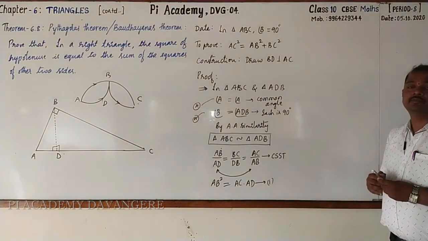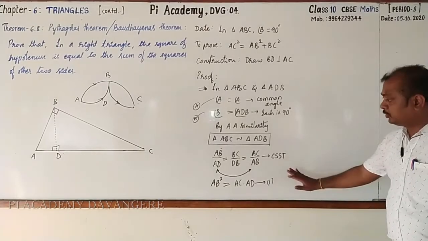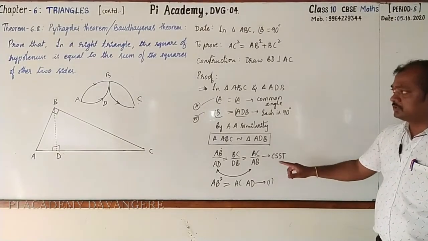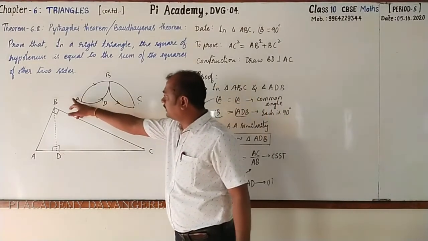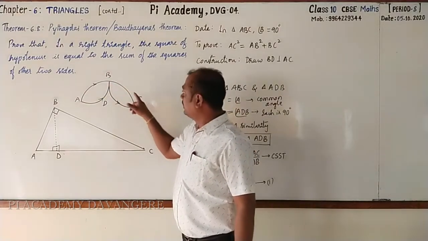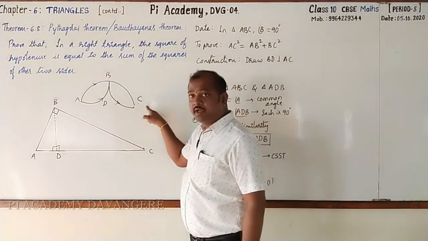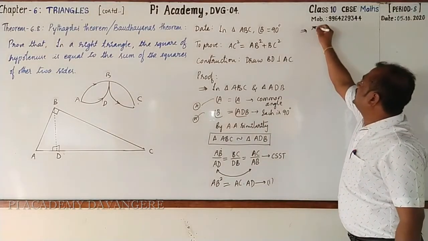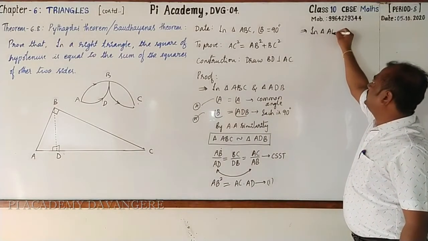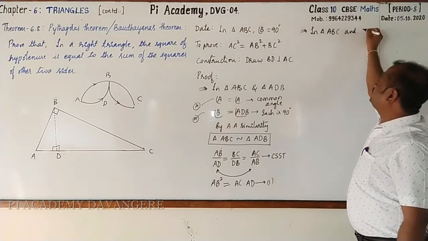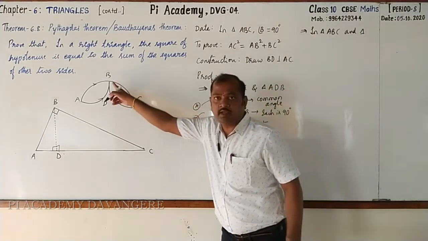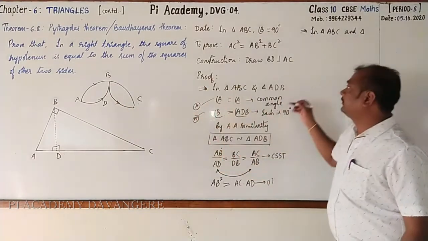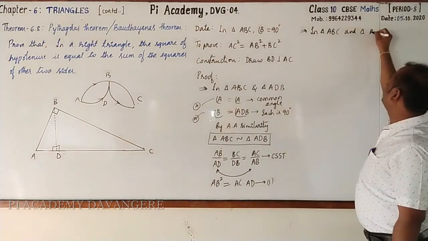Now, hope that you have understood up to here. Next, the same way, again I go for taking the whole triangle ABC and triangle BDC. Here I will write, in triangle ABC and triangle BDC.